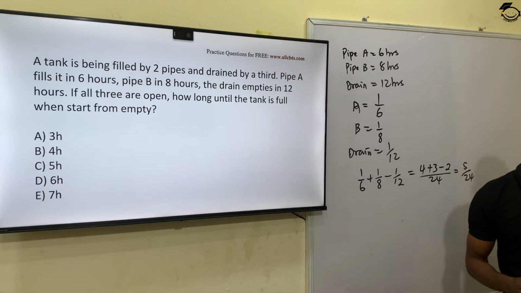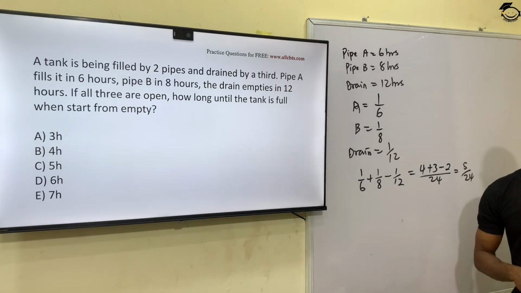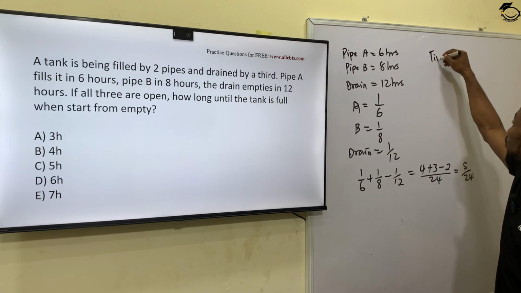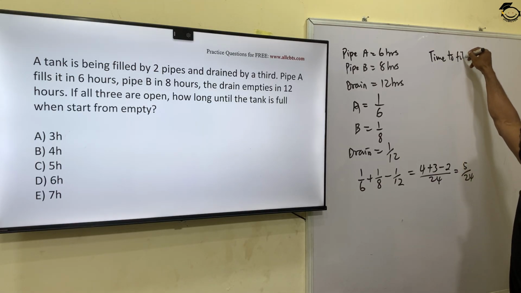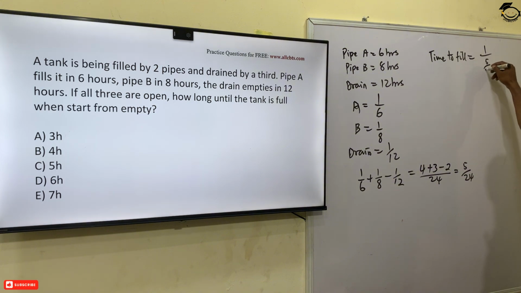So that's the combined rate. So the total time to fill would be 1 over the combined rate, which is 5 over 24, which will give us the inverse, 24 over 5, which gives us 4 whole number 4 over 5.